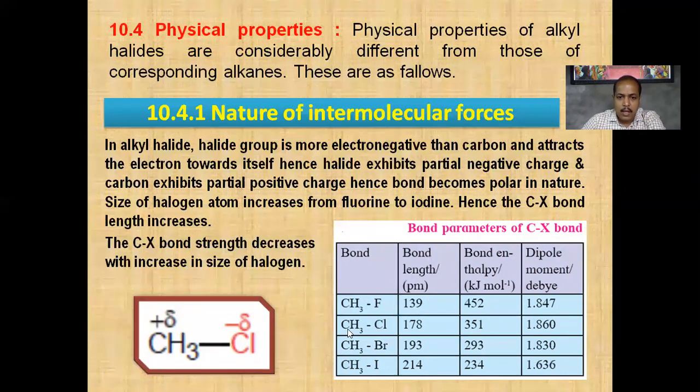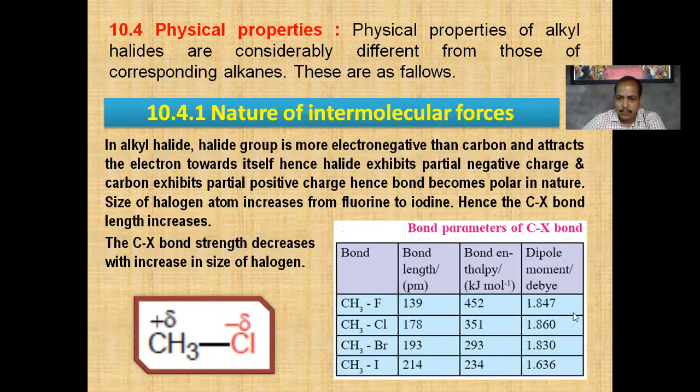That of CH3Cl is 178 pm. CH3Br is 193, and the remaining methyl iodide is 214. Means as the size of halogen atom increases, the bond length between carbon and halogen also increases.